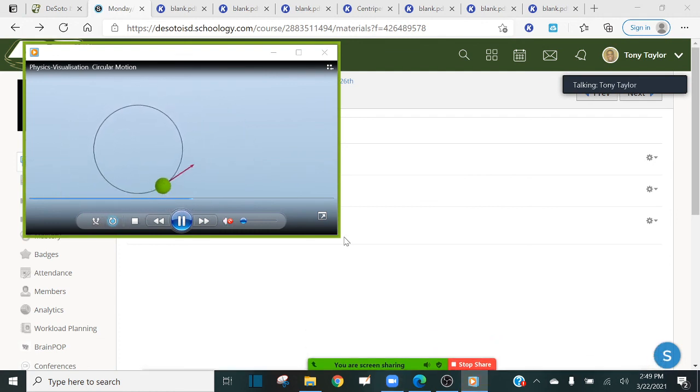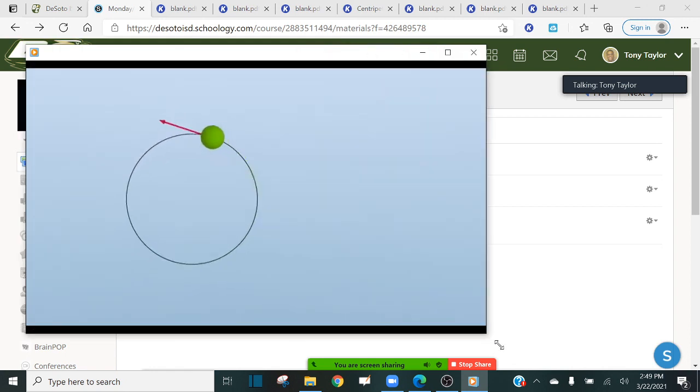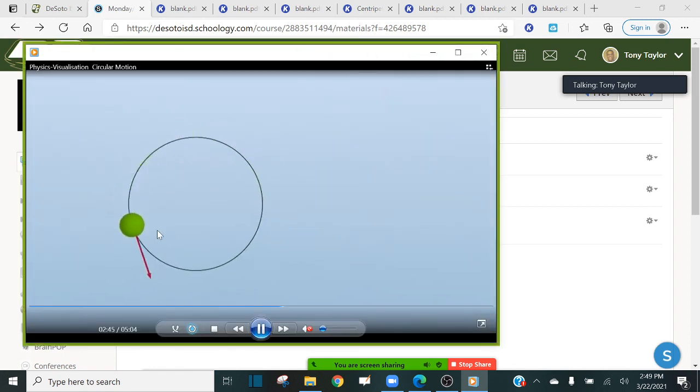Imagine this was the Earth going around the sun here. The Earth obviously moves around the sun. Why does the Earth move around the sun? Well, that's obvious. There's a gravitational force between the Earth and the sun. So the sun is pulling on the Earth. It should be obvious to you all the direction of the gravitational force, right?